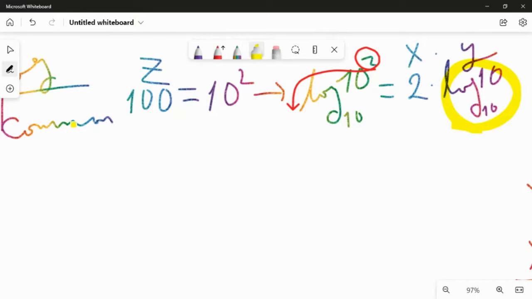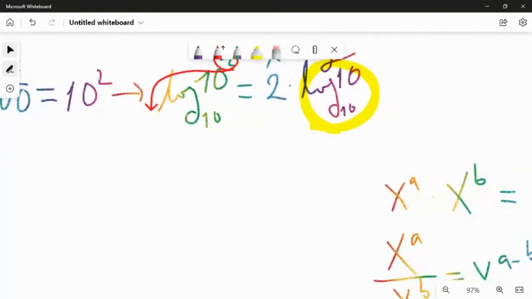Log of 10 to base 10 simply means 10 to the power of 1, which is just 10 itself.